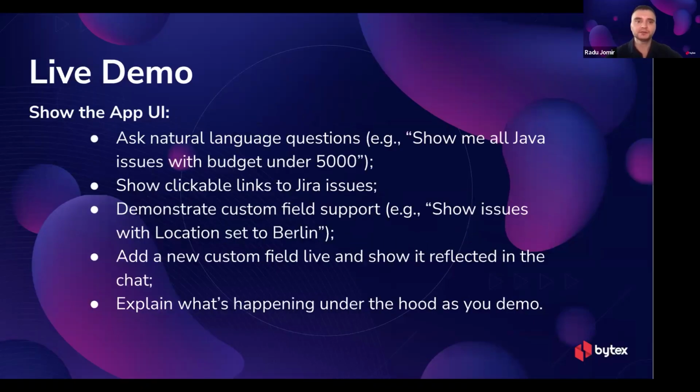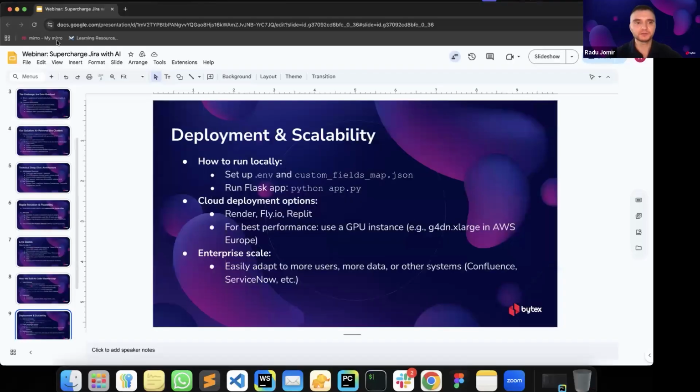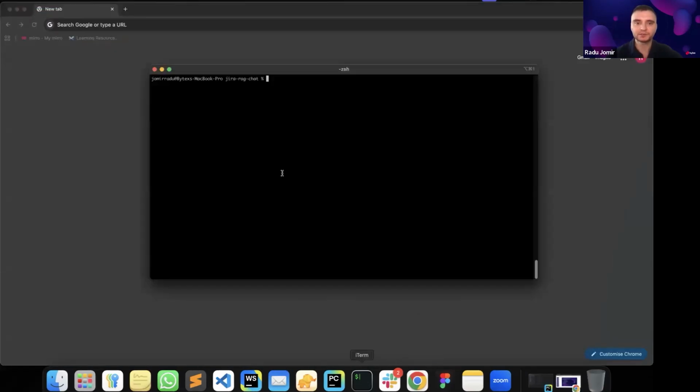Okay, and now the interesting part, a little bit of demo. So now I will just share my screen to start my application, and we will see our application in action.